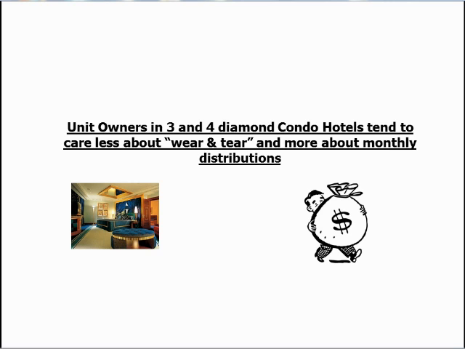There is a difference between 3, 4, and 5 diamond hotel owners. Typically, the 3 and 4 diamond unit owner in a condo hotel tends to care less about the wear and tear in their unit and more about the amount of their monthly distribution check. Now, that's something that you really need to focus on.